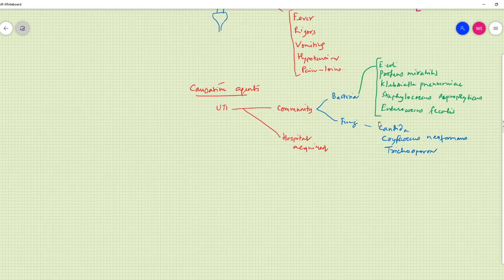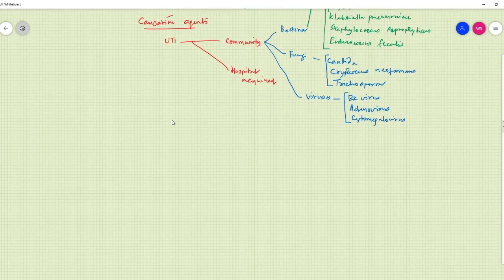Those are the most common fungi which cause it. The other thing could be viruses. What are the common viruses that cause it? There is a virus called BK virus, sometimes adenoviruses, and sometimes cytomegalovirus. This could also cause UTI.